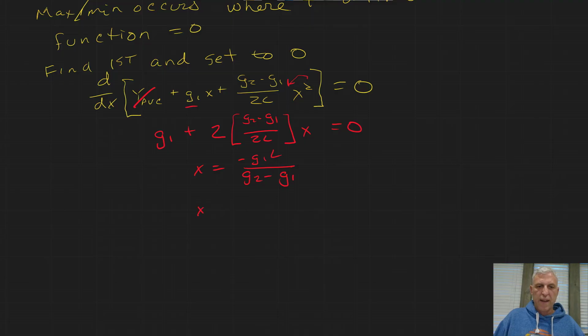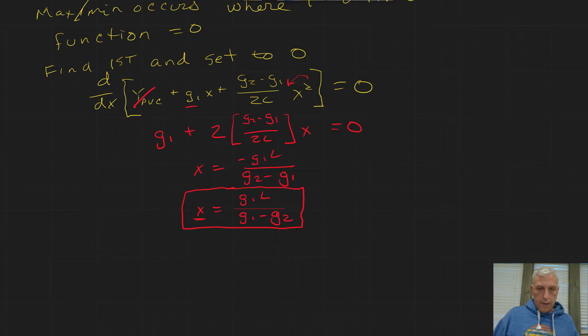And I can simplify that just a little bit. I can say that that equals g1 L over g1 minus g2. Okay, all I did was move the negative to the bottom and then perform the operation. So if you don't understand calculus, you're going to want to write this down, because this is where that first derivative equals 0 is, where x equals that.